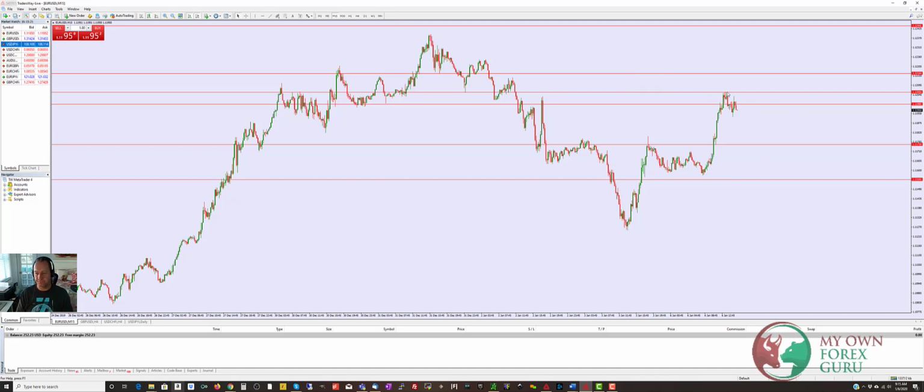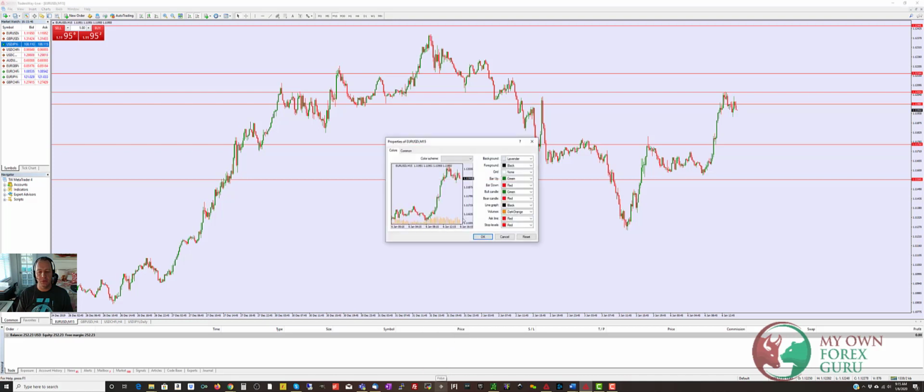Now, we had a pretty good push up, and you could call this a pivot point right here. The price broke through pretty strong and pushed up, gets up here, and it's starting to weaken. Now what we can see is, because we don't have the volume again, for some reason it disappeared. Show volume.